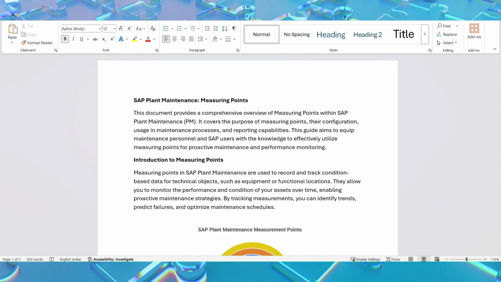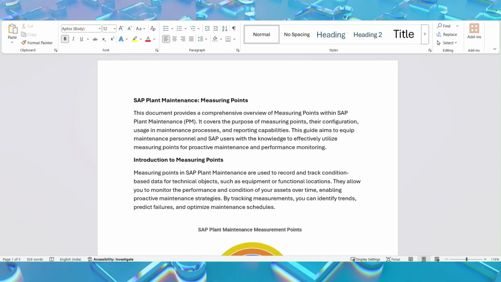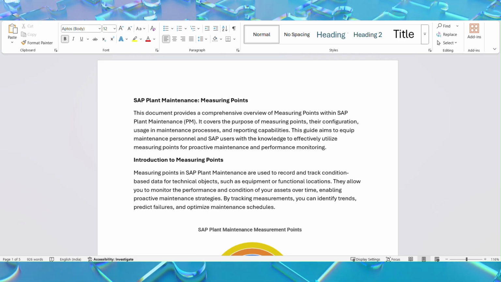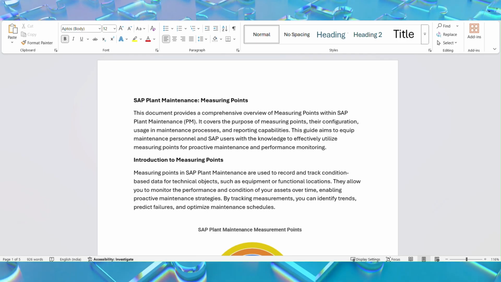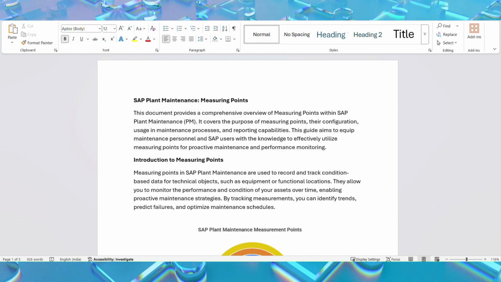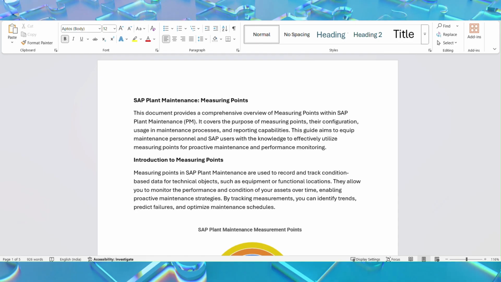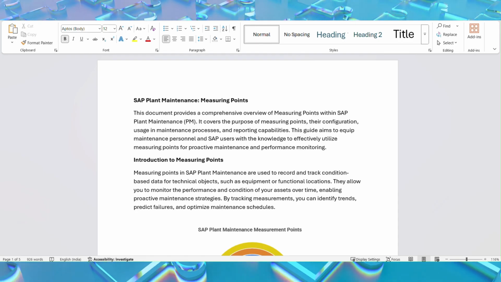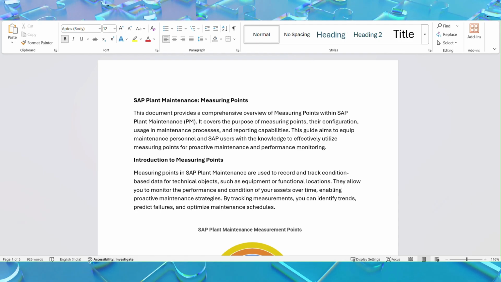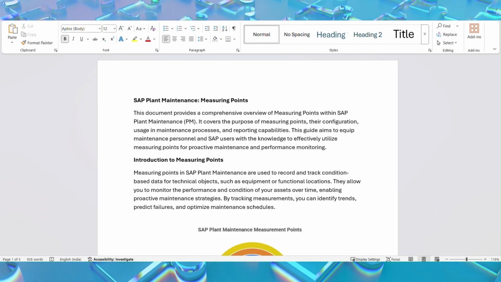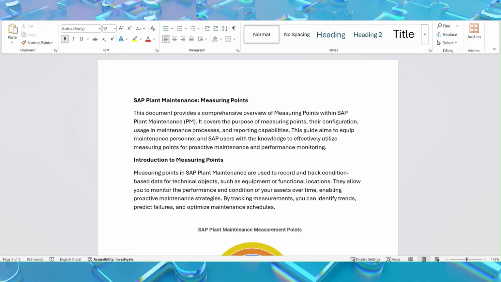So there are two things here. If there is a counter, just note it down, because this is very critical and it can be asked in any of the interviews. If it is performance based, it means you are using a counter measuring point. Suppose your car has been driven up to 10,000 kilometers and after that a service is required, then it is performance based.